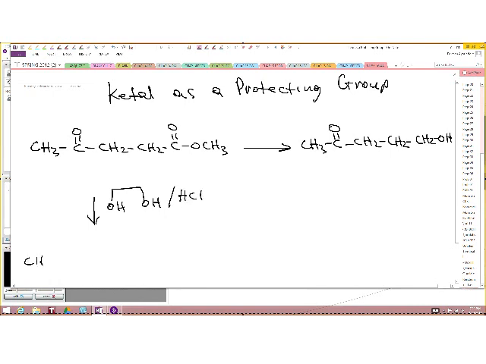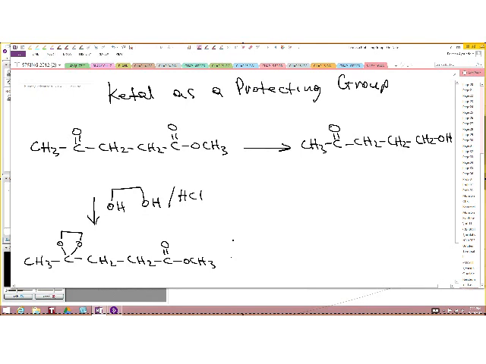If you do that, then what do we have? We form the ketal. We still have the ester. Now we could perform our LAH reaction.